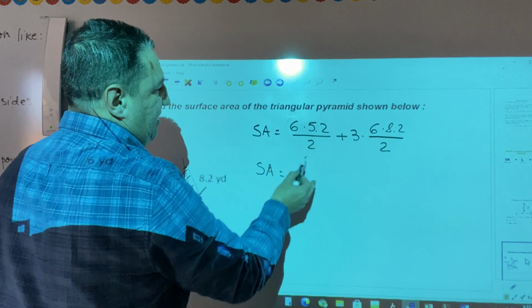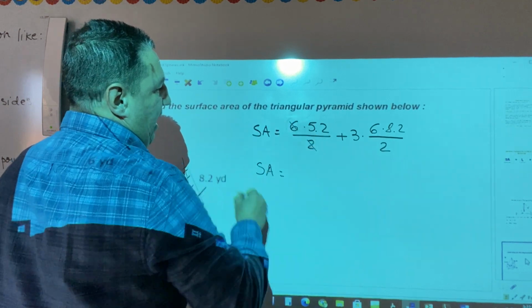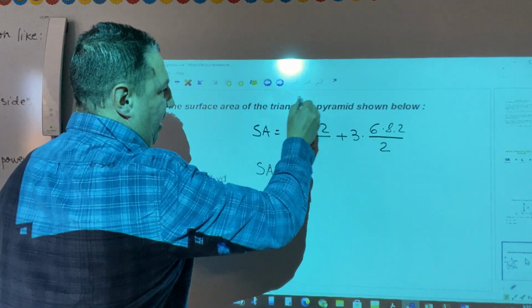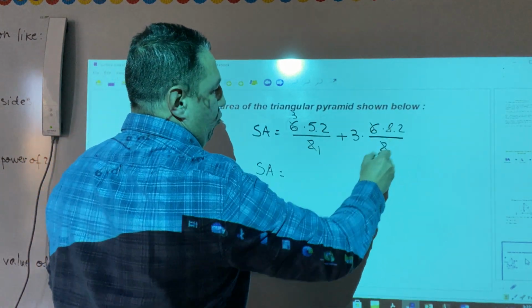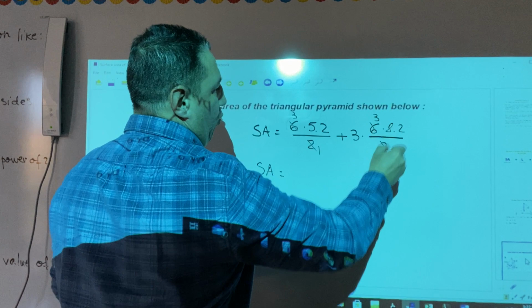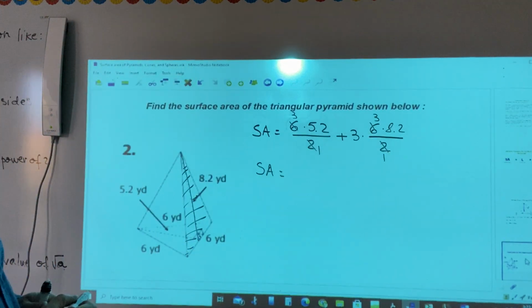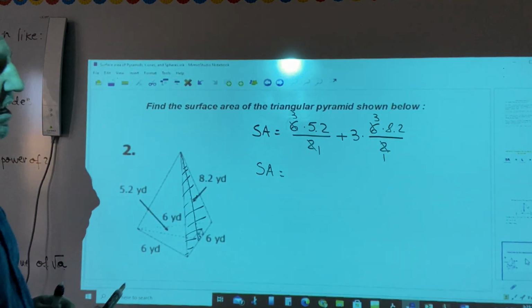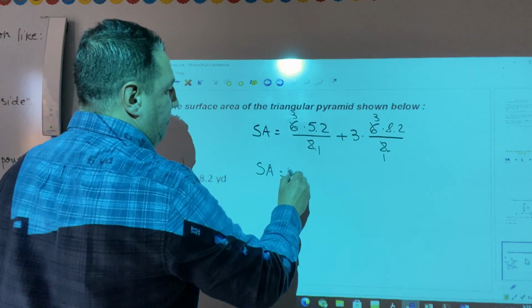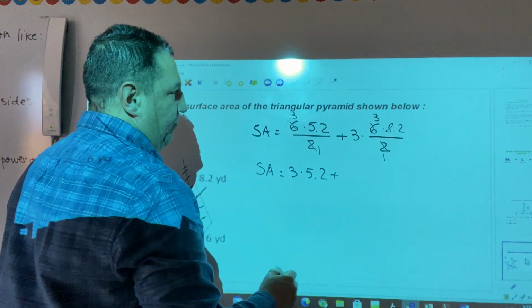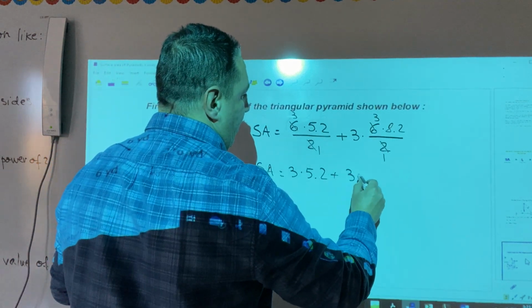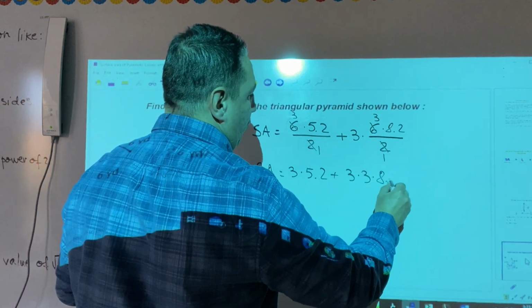Now, as we can see, 6 and 2 can divide out, so you're going to have 3 and 1. Here, 6 and 2, we have 3 and 1. Then we multiply the remaining factors: 3 times 5.2 plus 3 times 3 times 8.2.